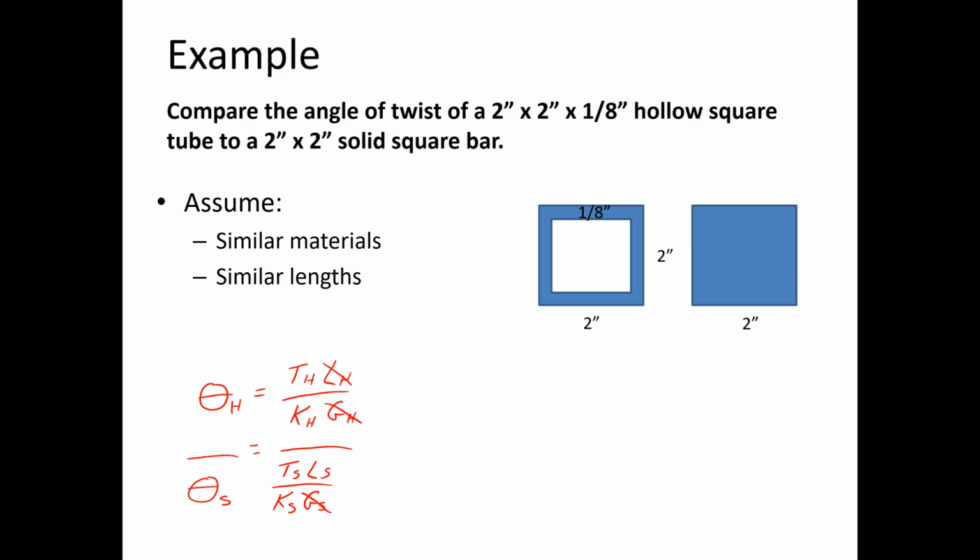The length of both sections, the hollow section and the solid section, are both going to be equal, as well as the torque applied to both sections. So we see that when we're comparing the angle of twist of the hollow to the solid, we're really comparing the 1 over K of the hollow to the 1 over K of the solid, or K of the solid to the K of the hollow.